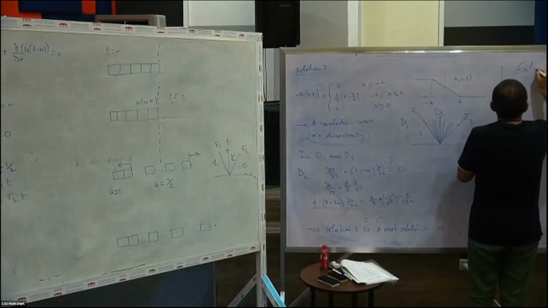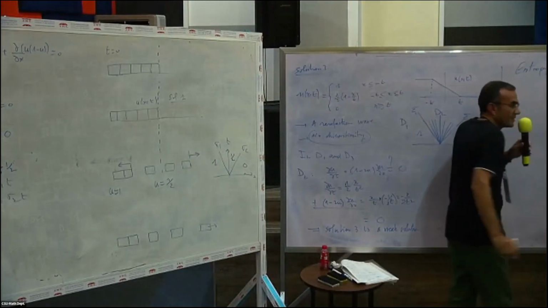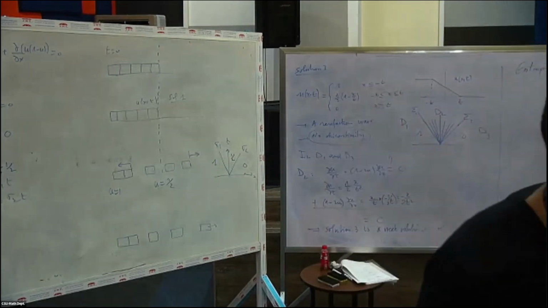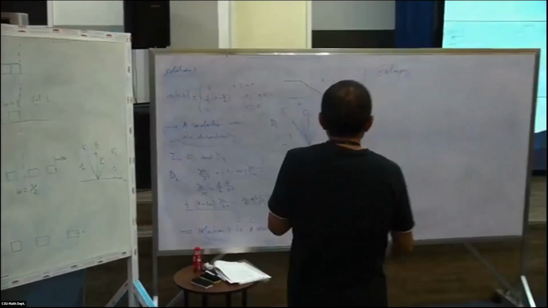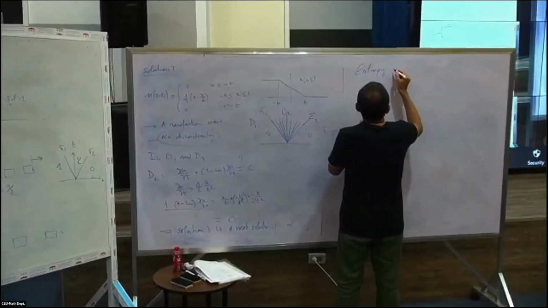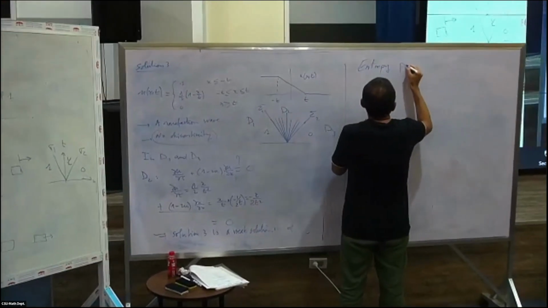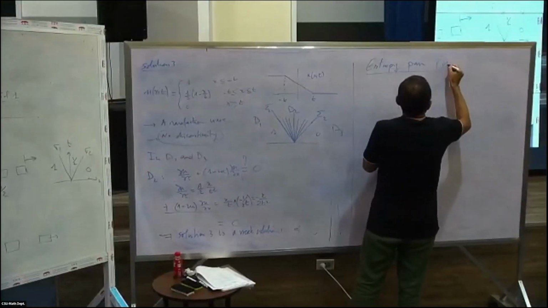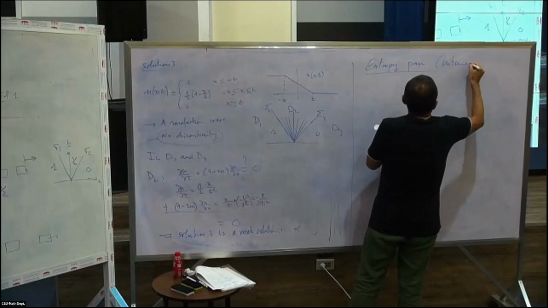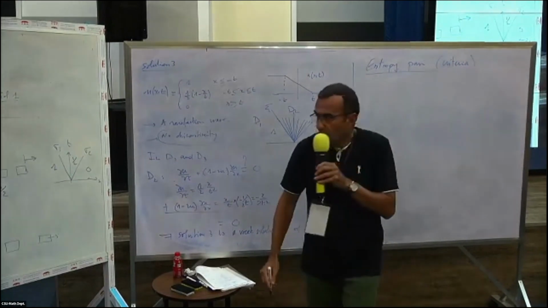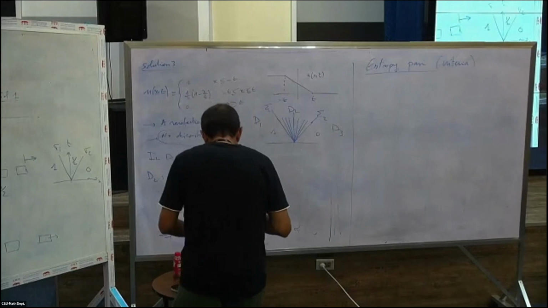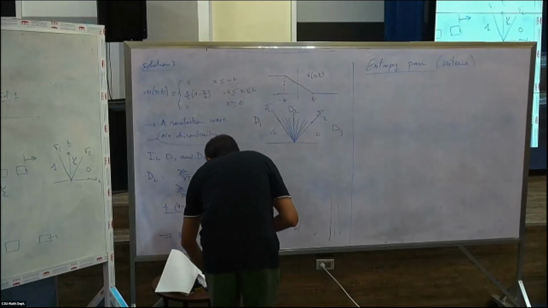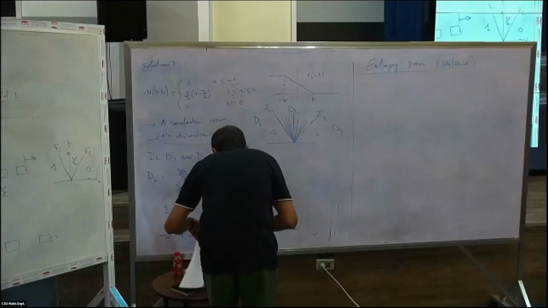Now I will give you the criteria of selection. It's the entropy selection, so entropy pair or criteria. Remember we did this entropy solution for the system, so now it's easy.